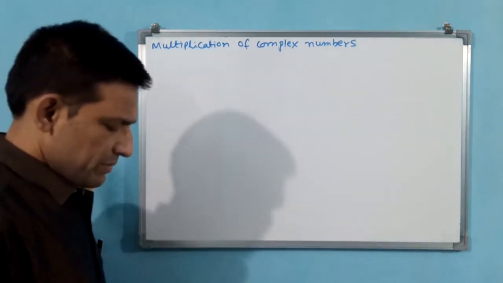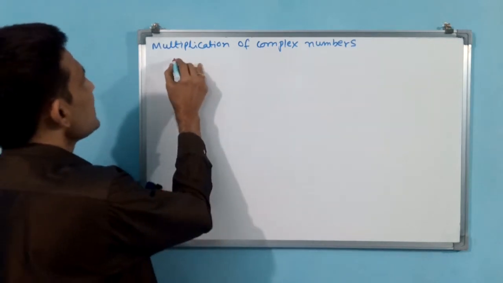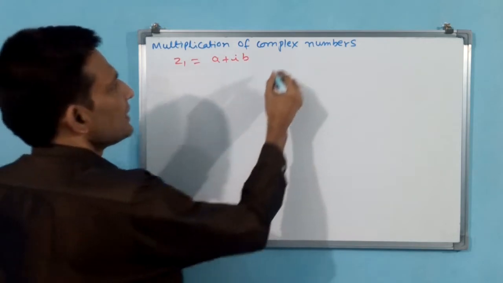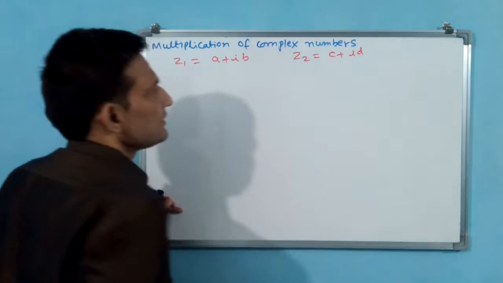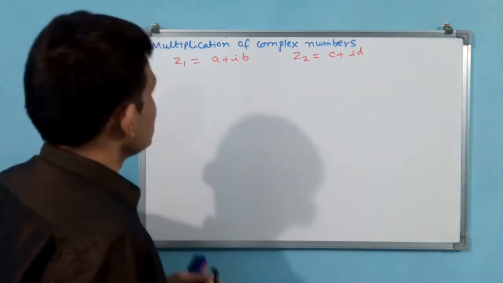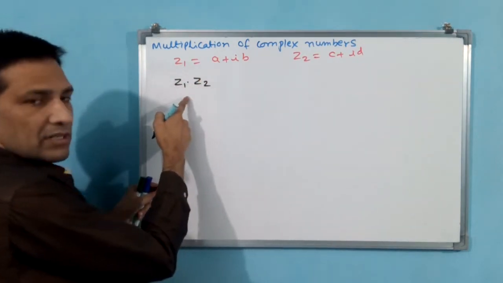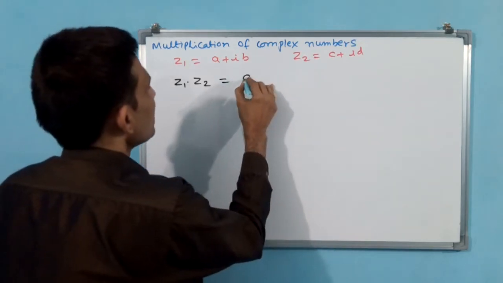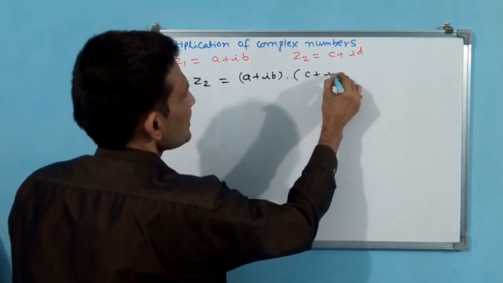Multiplication of complex numbers. If Z1 is equal to a plus ib and Z2 is equal to c plus id, these are two complex numbers, then Z1 into Z2, you have to keep a dot, is equal to (a plus ib) into (c plus id).